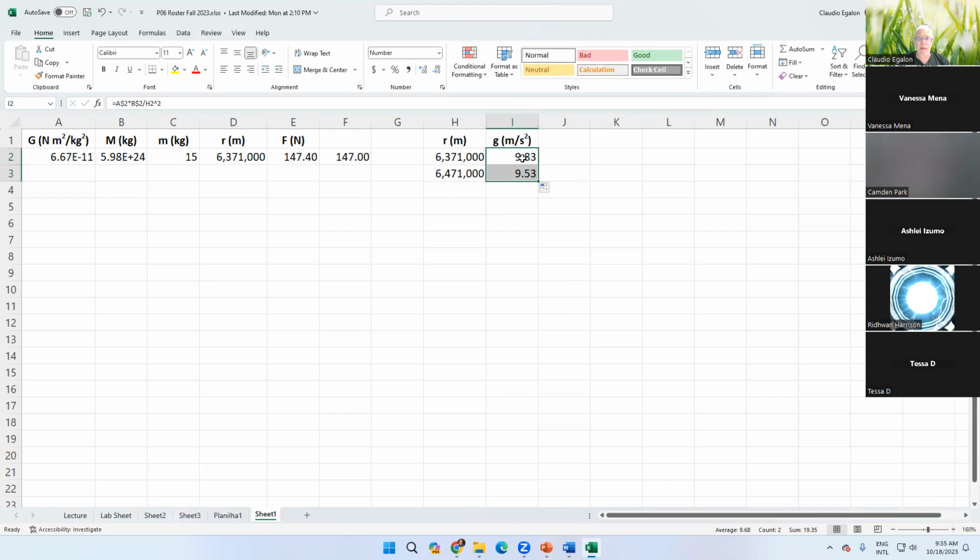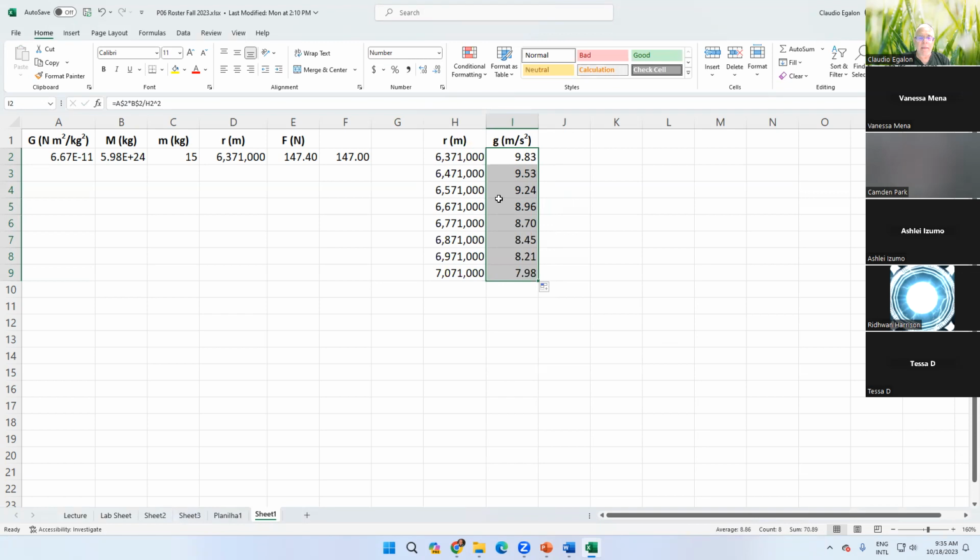For these 100 meters, there was a small change in the force of gravity, okay? And I'm going to keep on increasing the height of the object for every 100 meters. No, that's 100 kilometers. I put 100 kilometers here.